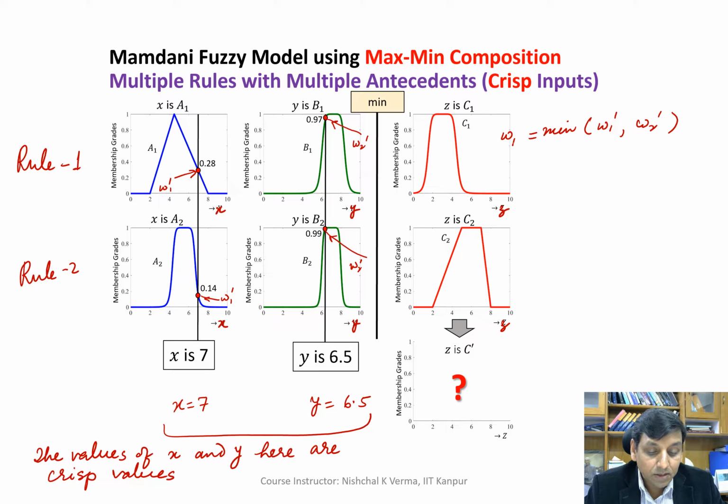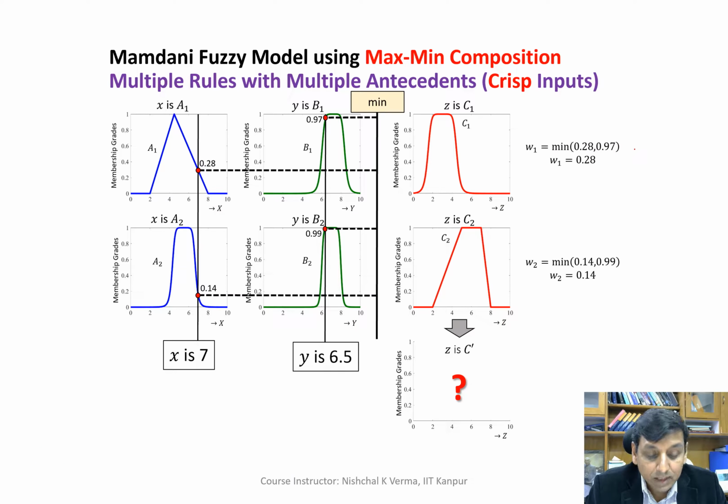So let's see what we are getting here. When we take the min, we are going to get W1 dash, which is nothing but 0.28 here.